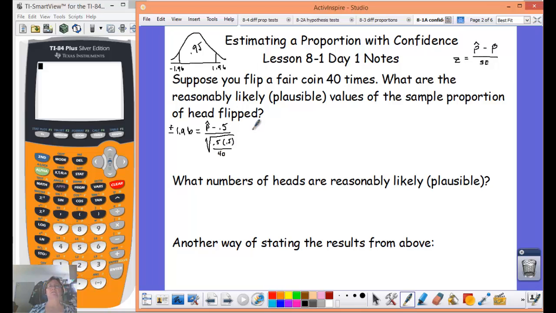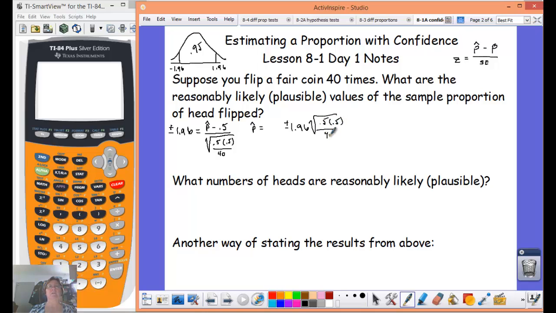So I want to go ahead and write out a formula for p-hat here. We would take the denominator here, multiply it by 1.96, and it's plus or minus, so we'll worry about that in just a moment. Plus or minus 1.96 times the square root of 0.5 times 0.5 all over 40.